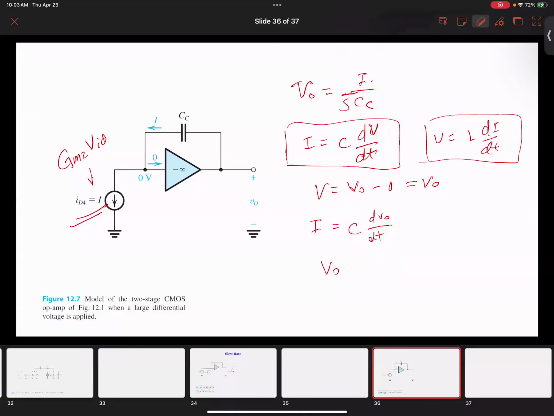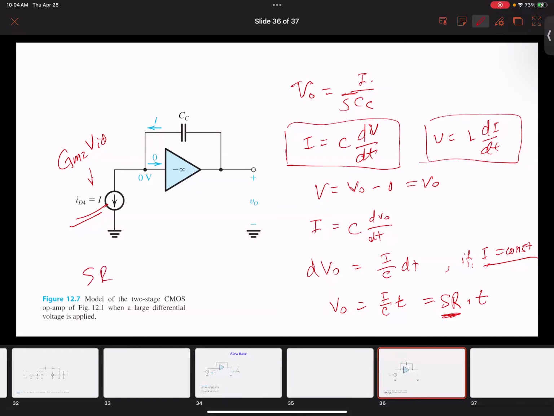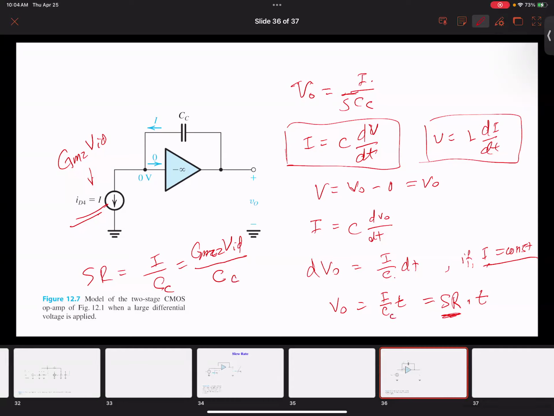You can see here the slew rate has been defined as I over C, where I equals GM2 times VID, divided by C, right? So the rate it goes up will be related to CC. The slew rate is apparently related to CC and GM2.